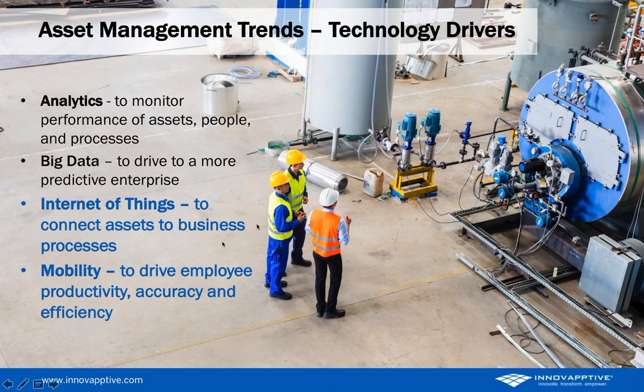And these insights are all being generated. In order to really make use of those insights, you have to be able to communicate them to people. The people in the field, the field technicians, would be an obvious recipient of such information, so they can take action that creates value for the organization.